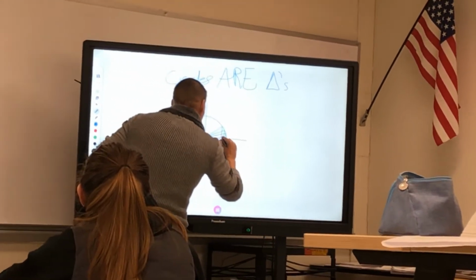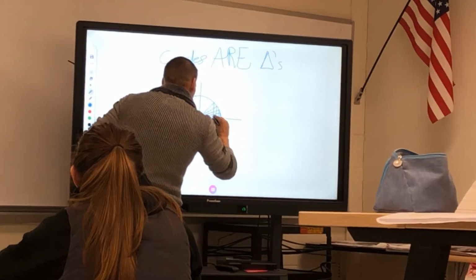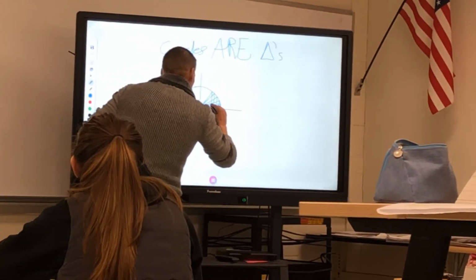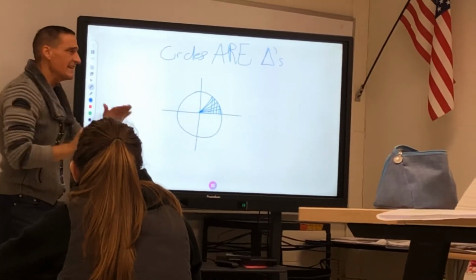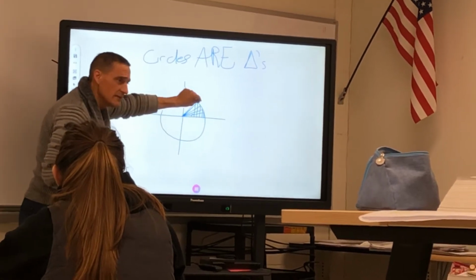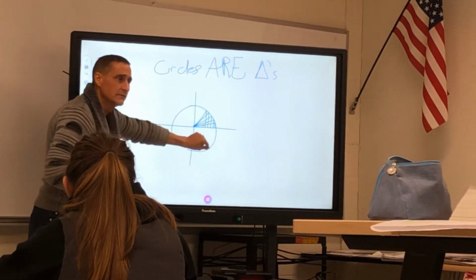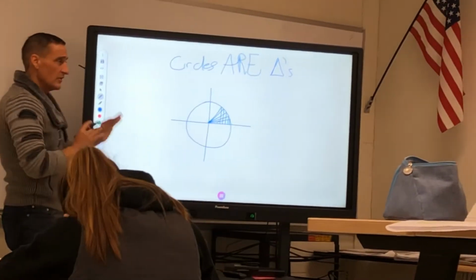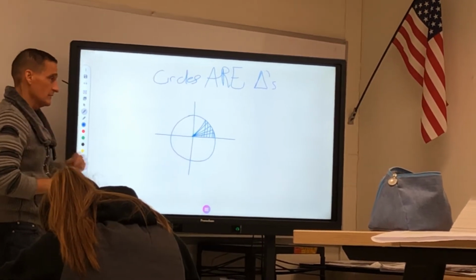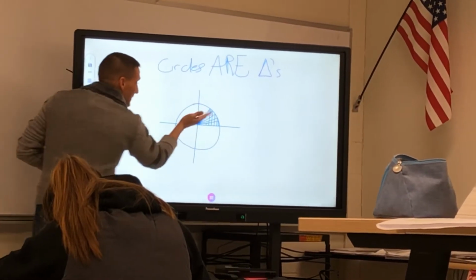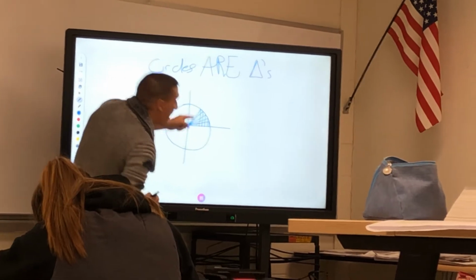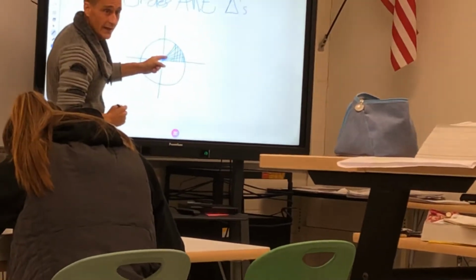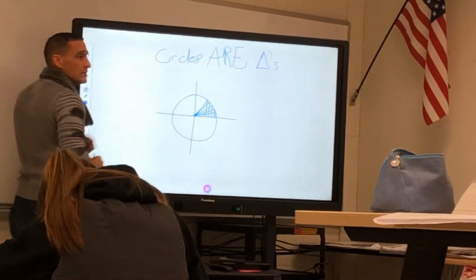What are you observing here? Circles are nothing more than an infinite series of right triangles in progression. There's the visual proof. Circles are triangles. Infinite series of right triangles, all with the same hypotenuse length, right? Circles are triangles.